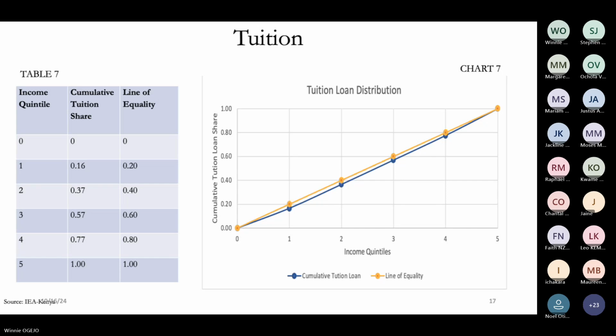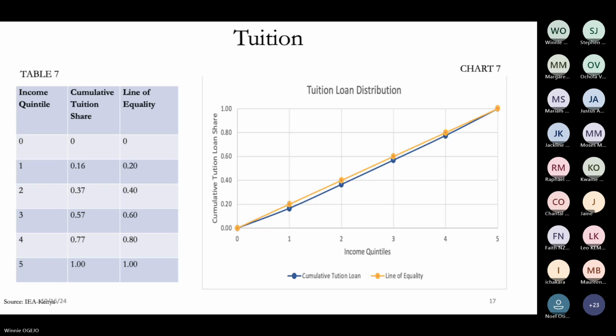But our table 7 gives us a different view or a review of how the distribution was done. So the first column, we have the quintiles, and then column 2 in the middle, we have the distribution. If we had perfect equality, then we'd have the middle and the last column matching.